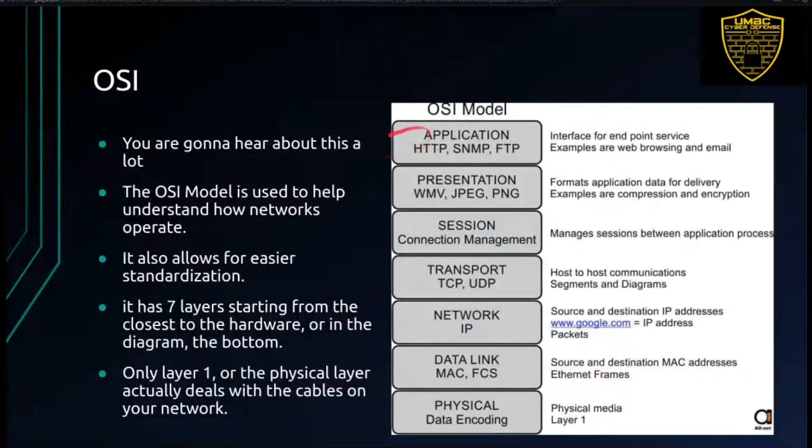So we have up here, this is layer 7, 6, 5, 4, 3, 2, and 1. And all of these happen within your computer except for the physical. Physical is when it actually goes on to the network itself. They each deal with different things, different applications.